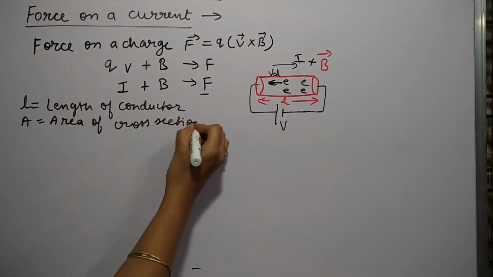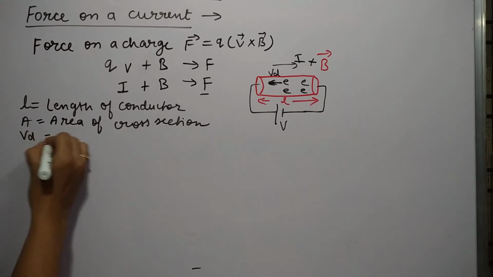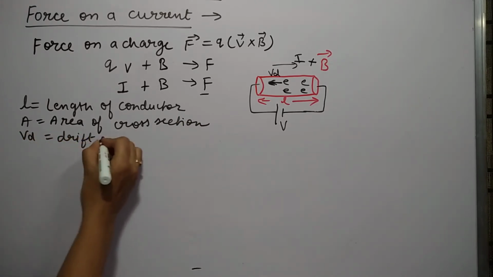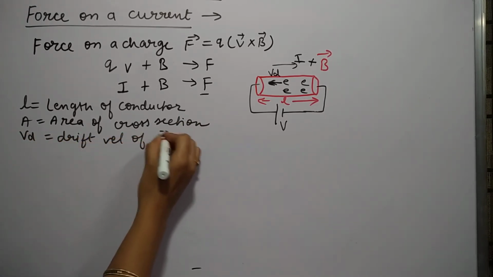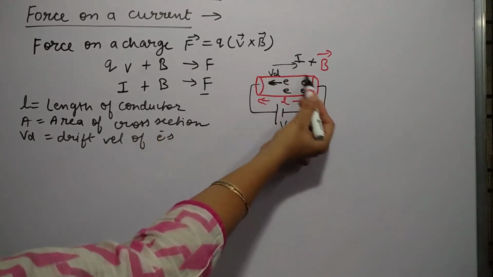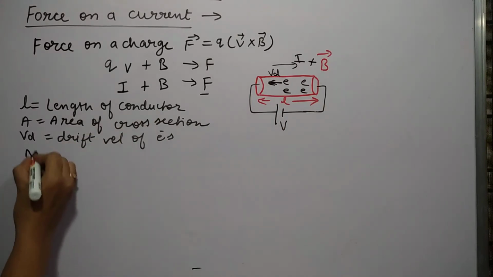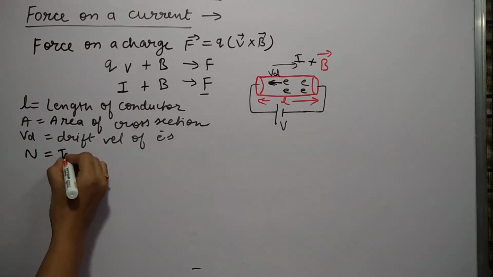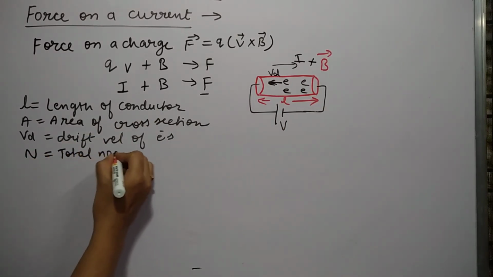And Vd is the drift velocity of electrons. And we will be needing how many total electrons are there. So suppose I call capital N the total number of electrons.